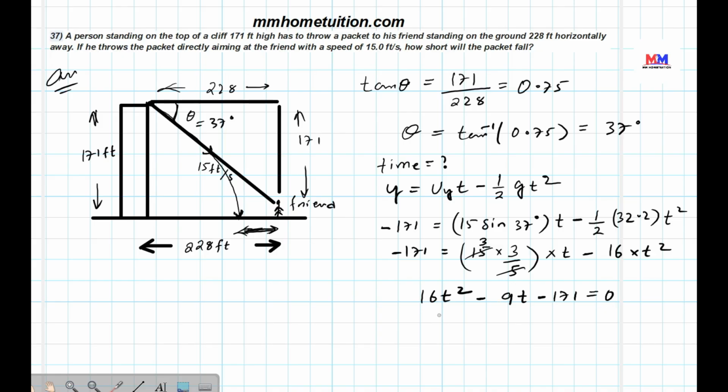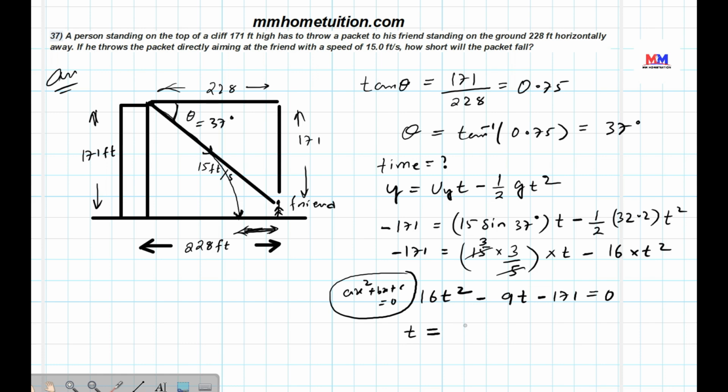So let's find the time. This is a quadratic equation, in the format a x square plus b x plus c equals 0. So we'll have to find the time.